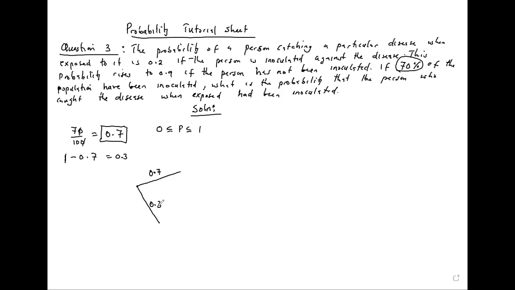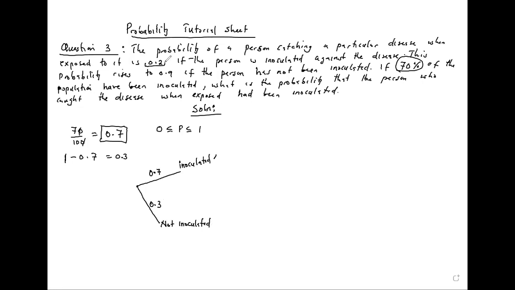For the population, you go to the probability of a person catching a particular disease when exposed to it. If the person is inoculated, the probability of catching the disease is 0.2.